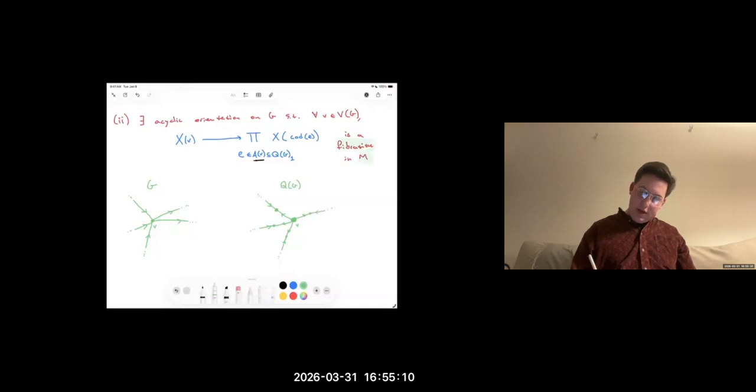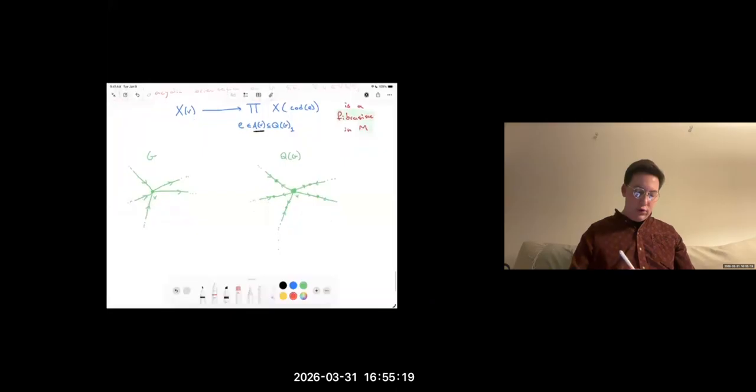So again, Q of G ignores what the acyclic orientation was on G, but A of V will select for it. Only those that went in are going to be selected in A of V. And so A of V is going to take together these three arrows. You can kind of see what the general definition would be.